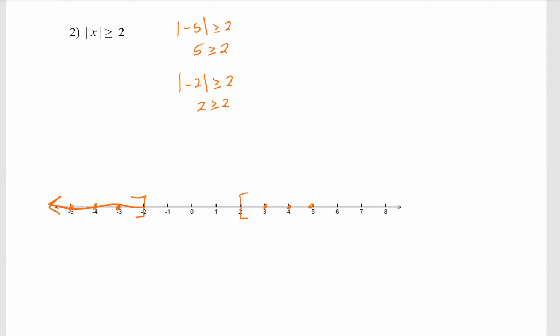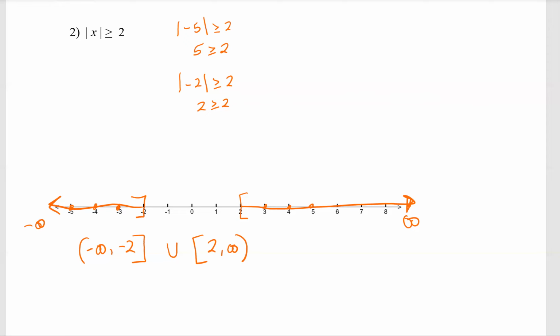So if I color in my number lines and I write my answer as an interval, I can see that the values from -infinity to -2, including -2, and there's a gap, and then we'll pick up again at 2 and go to +infinity, will make that inequality true. So we have an absolute value is greater than or equal to 2.